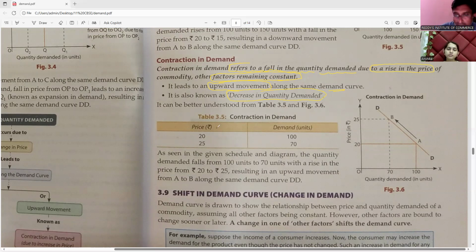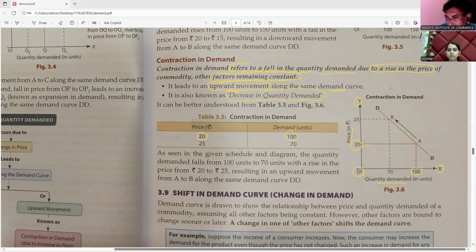So again, we can write down the O axis, X axis, Y axis. The OX axis indicates quantity demanded. The OY axis indicates price. Now when the price was 20, your demand was 100.